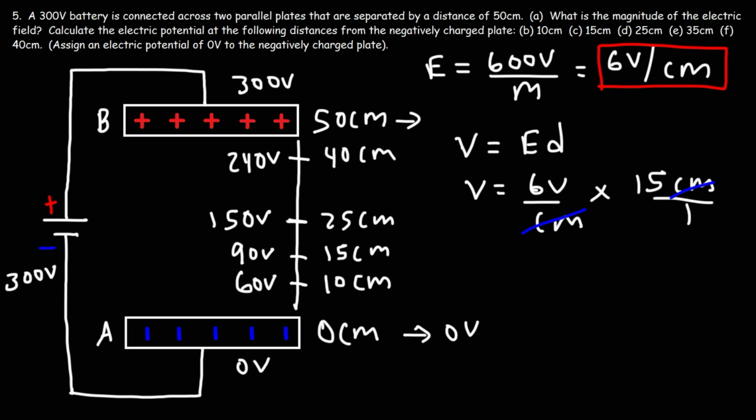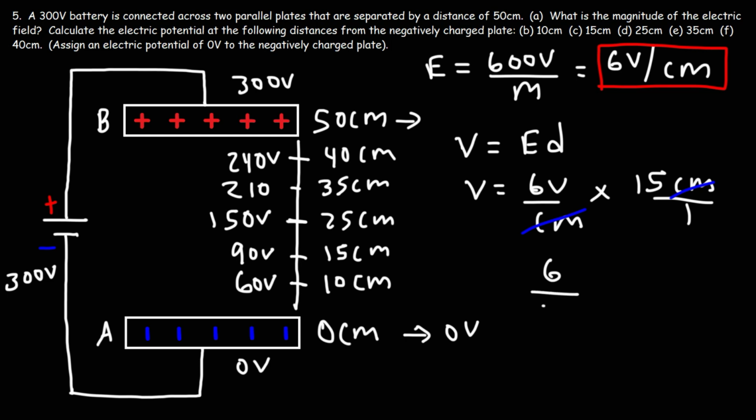Now let's focus on part E, where it's 35 centimeters. So let's do this two ways. If we add 25 plus 10, that will give us 35. So therefore we can add 60 plus 150, and that will give us the potential at 35 centimeters. And so that's going to be 210.